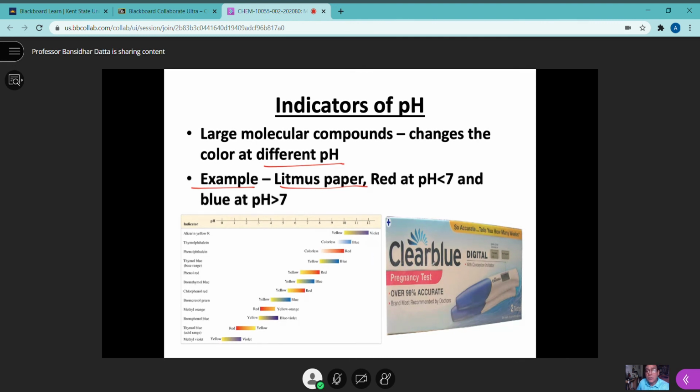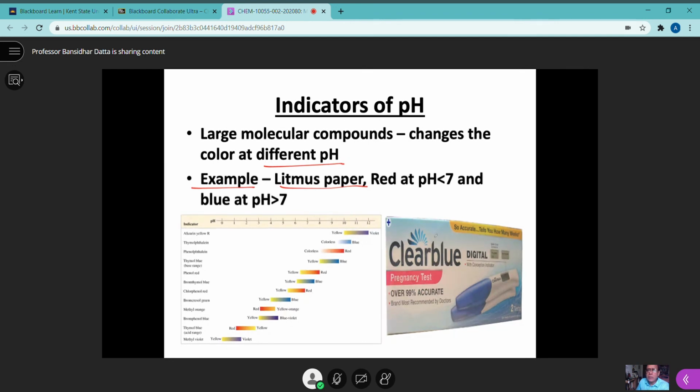So if a woman wants to test whether she is pregnant or not, she takes a little urine sample, since urine pH changes during pregnancy, and it will give blue or red. Based on that, blue means pregnant, yes. It has a strip in there, and that is the indicator.